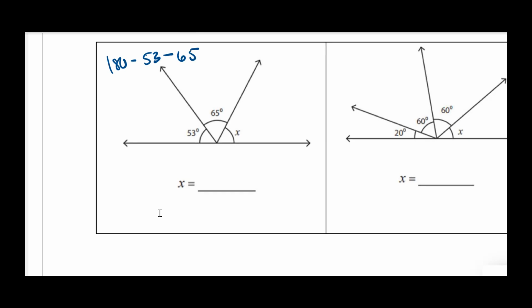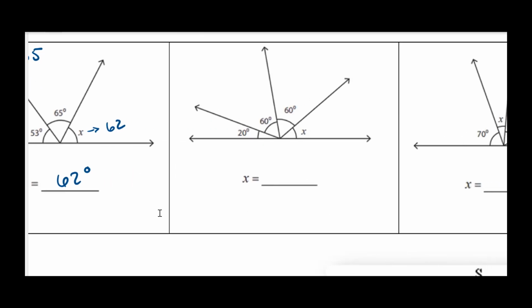Whatever that gives us is the value of X. I'll let you pause, do your calculations, and then come back and see if you get the same value. For me, I came up with 62. So X is 62 degrees.